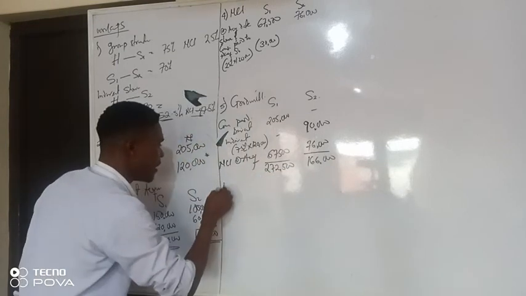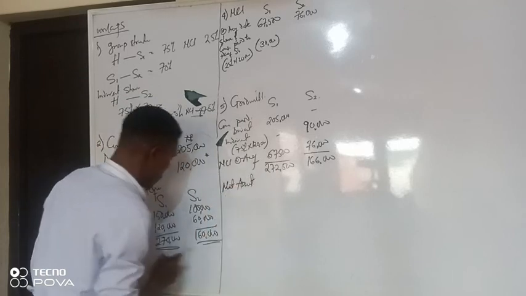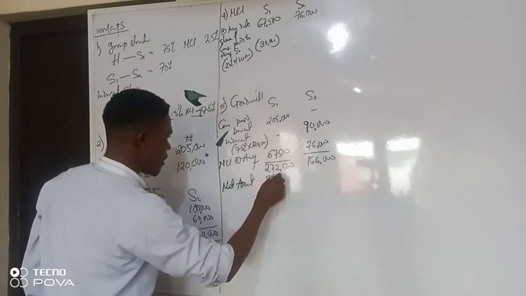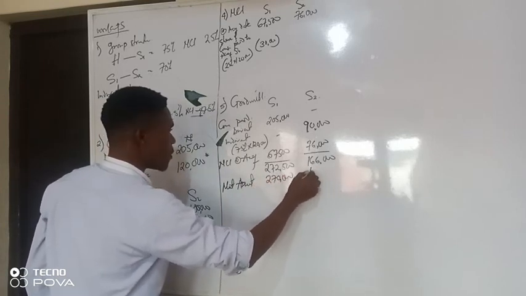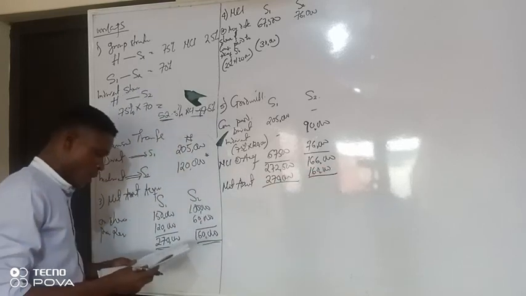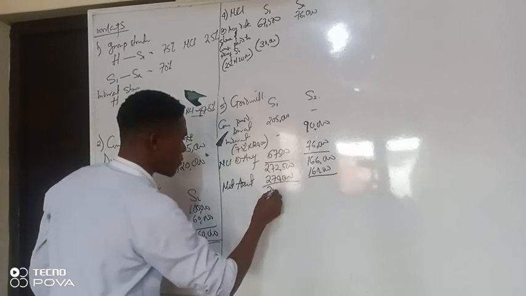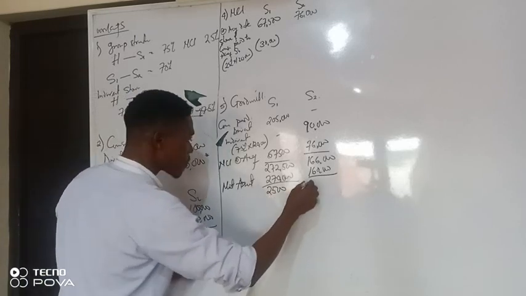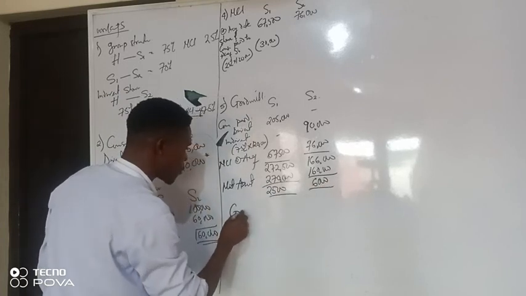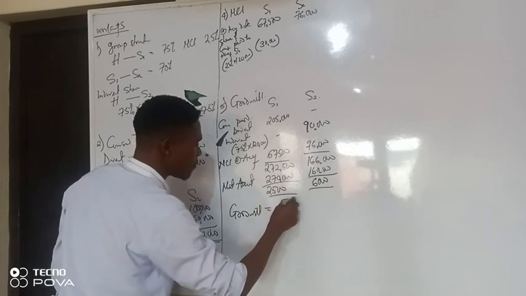Then our net asset acquired, we have 270,000 for this one, and 160,000. The one here, S1, 2,500. So our total goodwill now, you get 8,500.